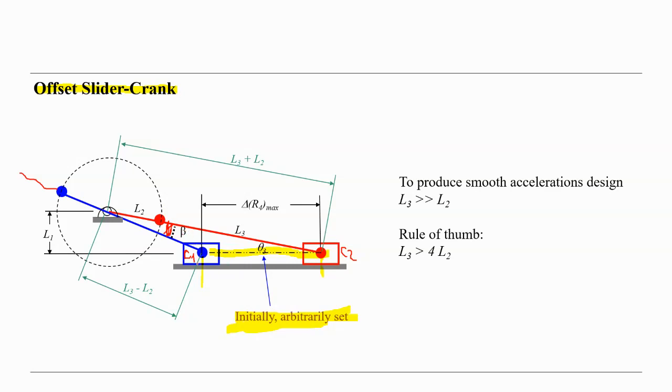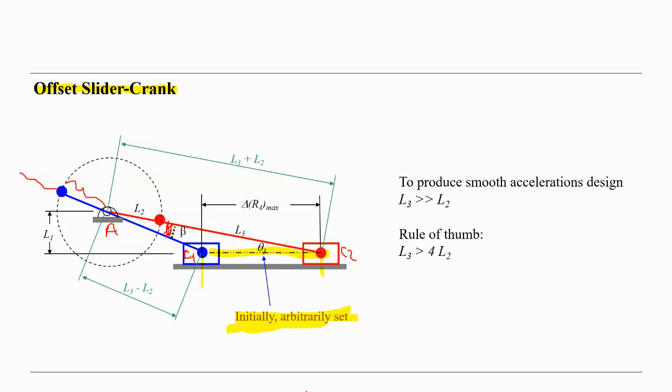Where these two lines cross each other, this is point A. If you know point A, draw this line here, this is one of the limiting positions, and the other one is the other limiting position. So this is L2, we can easily find it.